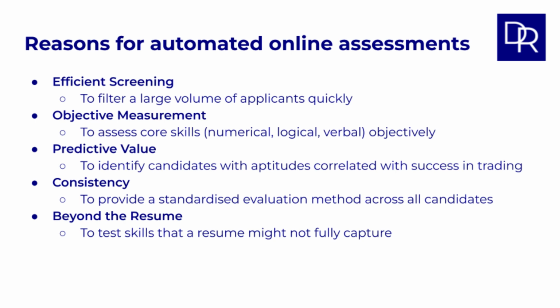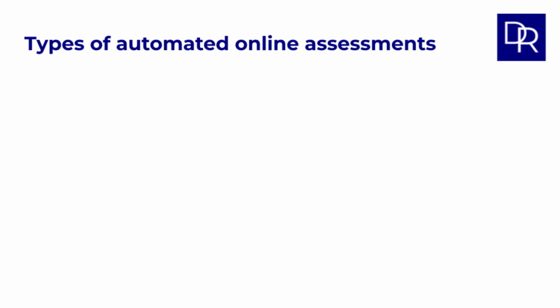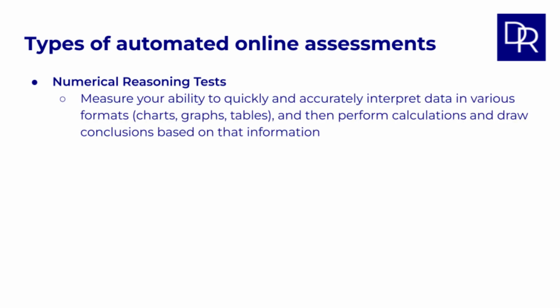Now, let's break down the most common types of automated online assessments you're likely to encounter. For each, I'll explain what it measures and what you can expect. First of all, numerical reasoning tests, which measure your ability to quickly and accurately interpret data presented in various formats such as charts, graphs, and tables, and then perform calculations and draw conclusions based on that information.